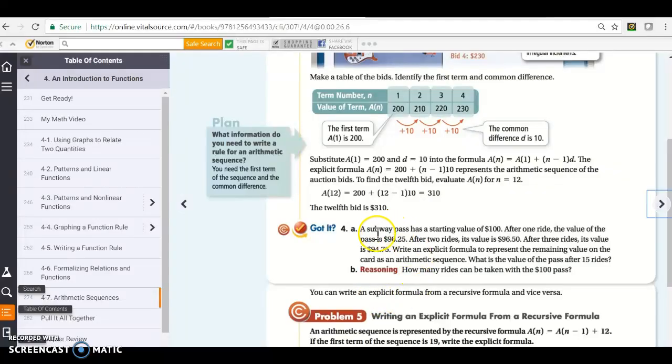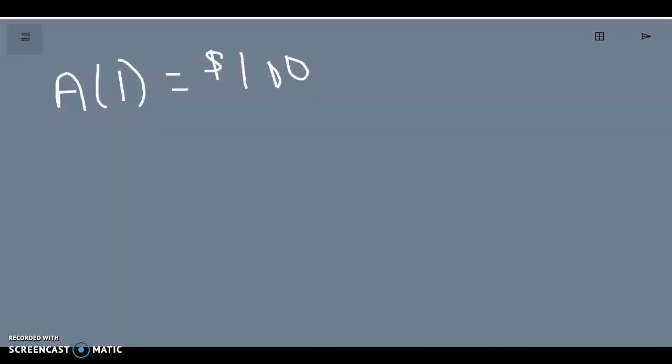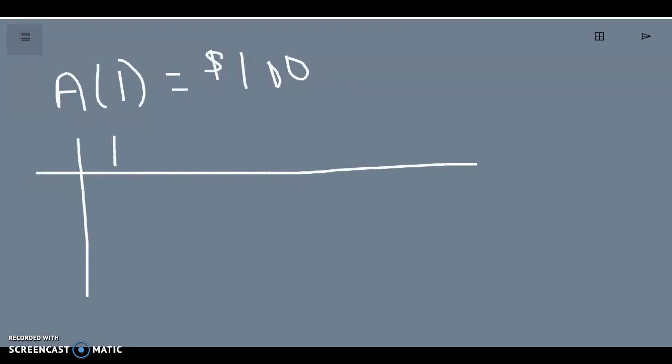Okay, so my first term, or my a sub 1, is $100. All right, that's the starting value. So what else do I need to write? I need to find my common difference. So let's make a chart. We have $100.